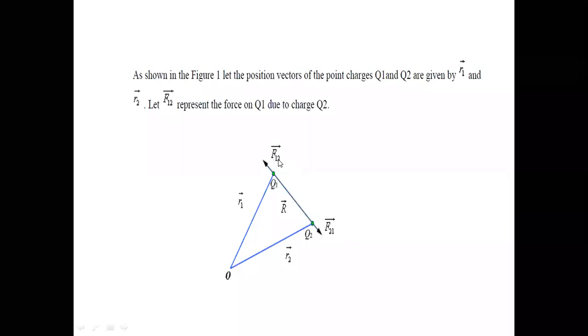So F12 means the force on charge 1 due to charge 2. Similarly, F21 bar means the force on charge 2 by charge 1. That means due to Q1, Q2 experiences some force, and that is denoted with F21.